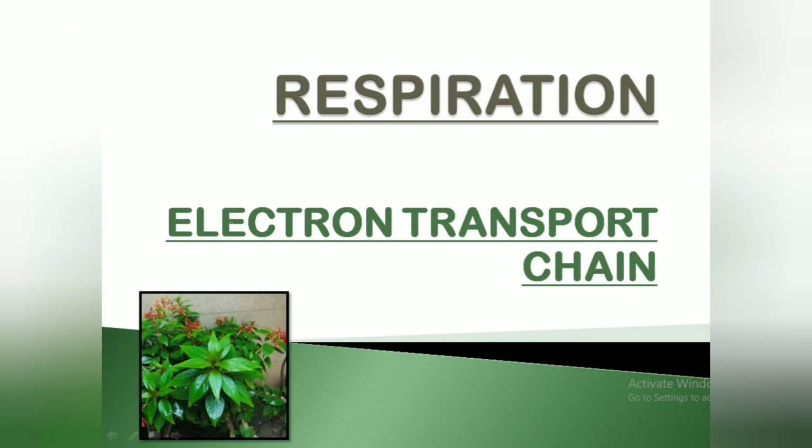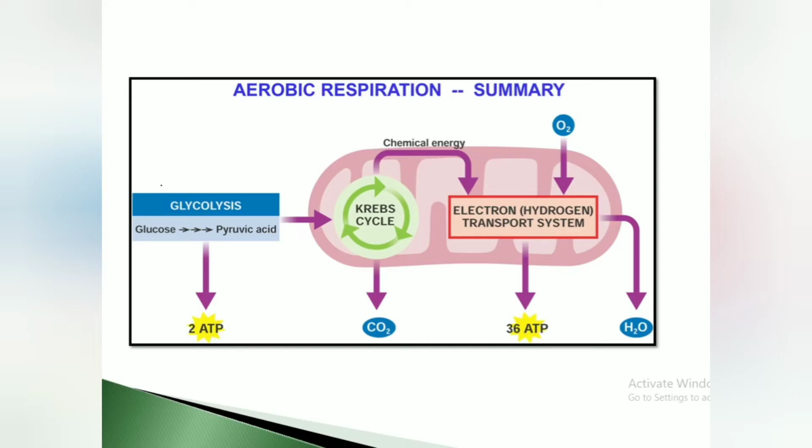Everyone, this is the last part of respiration, and in this lecture we'll be discussing the electron transport chain. Let's have a quick overview. In step 1 we discussed glycolysis, from which pyruvic acid was produced.